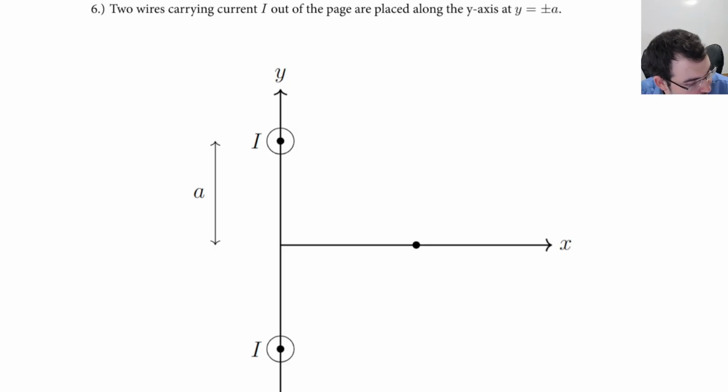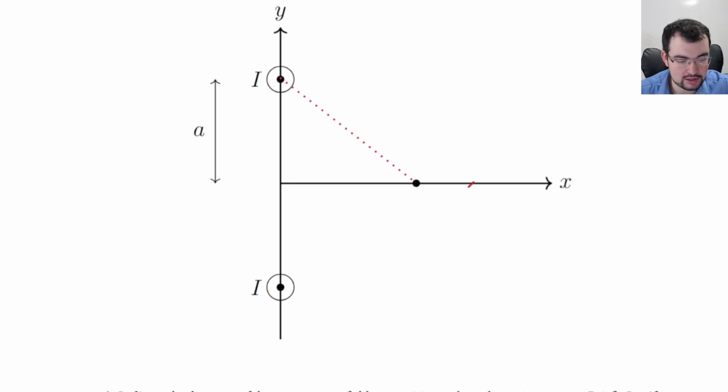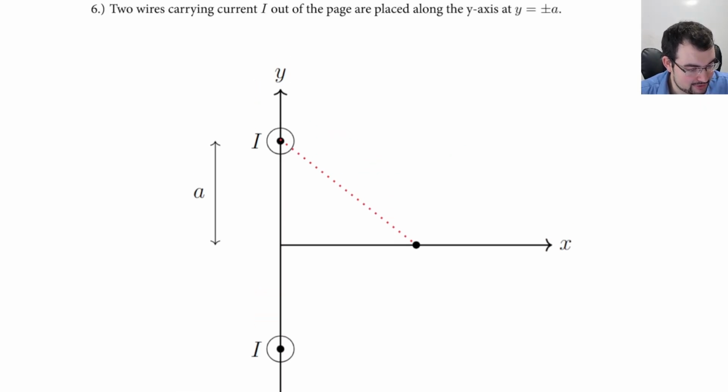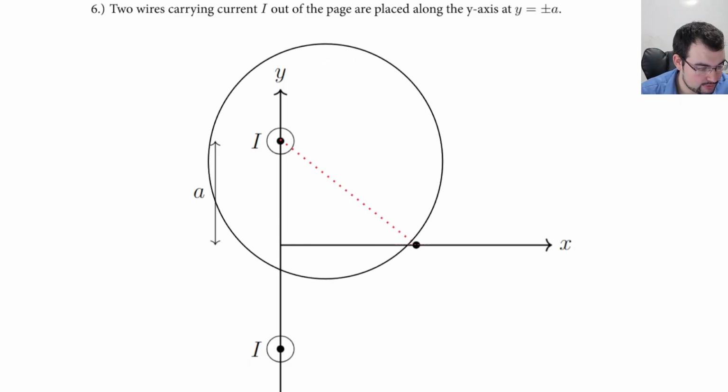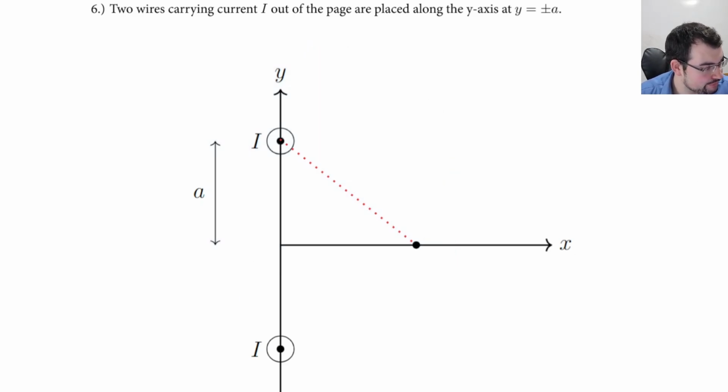if we're interested in that, we're going to be looking at the magnetic field sort of along the perpendicular bisector of these two wires. So I drew myself a little radius vector because that's going to show me my circle. So if I really wanted to, I could have drawn myself like a big old circle centered there. I know that's not a great example, but this at least shows me what I'm doing.